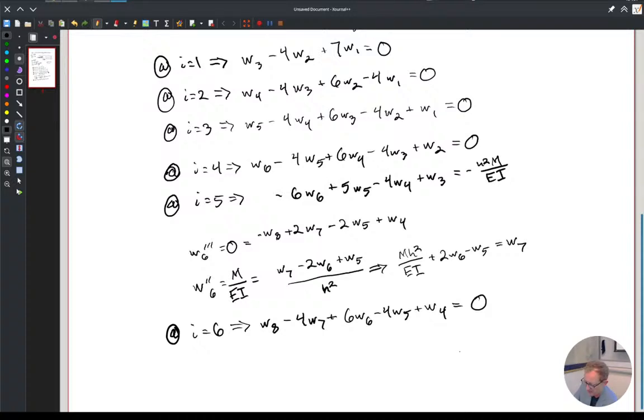We're going to get that one out of the way. So 4 times Mh squared over EI plus 2w6 minus w5.